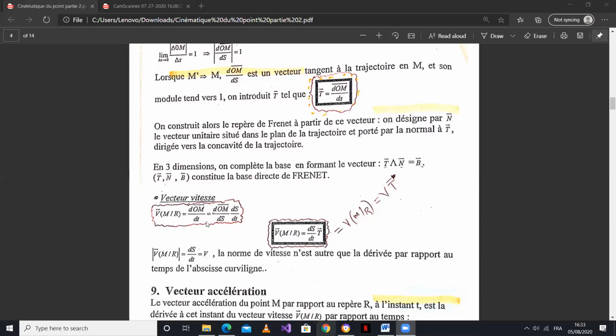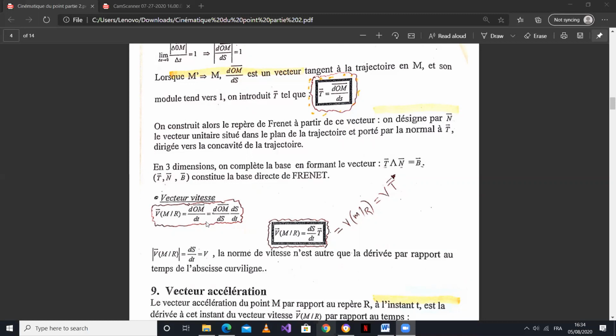Vecteur vitesse. Le vecteur vitesse V du point M par rapport au référentiel R égale, as usual, d OM over dt, the derivative of the vector position, which is going to be equal to, again, we are going to use the composite derivative.